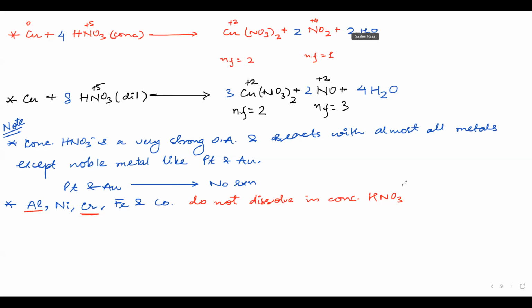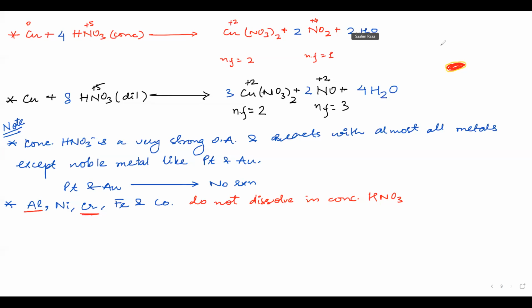Now, why not? First, when they react, they form a kind of film. For example, aluminium reacts and forms aluminium nitrate, and it further forms Al2O3. Now, when it forms Al2O3, it forms a film over the surface. For example, this is the aluminium. It forms a kind of film like this on the surface.